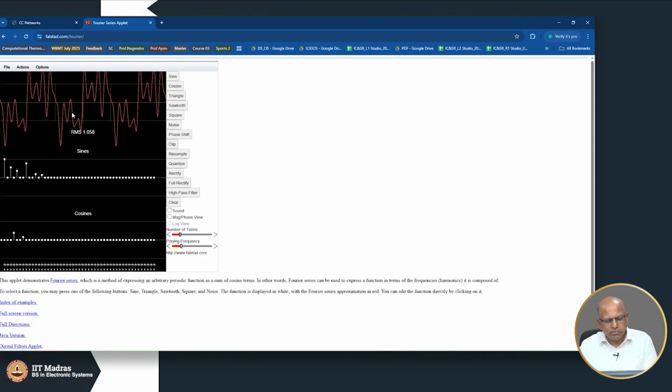So, what did we learn from this? The fact that if this is the output of some analog circuit, I can do a Fourier analysis, and it will decompose this into the constituent sines and cosines.